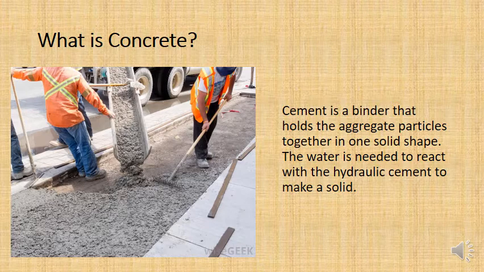You can make concrete using non-hydraulic cements as well. Lime concrete is a thing, but usually we're using Portland cement. So you can see there in that picture a concrete truck placing concrete on a footpath, and you can see it's all lumpy. It's a mixture of the cement, water, and the aggregate particles all together.